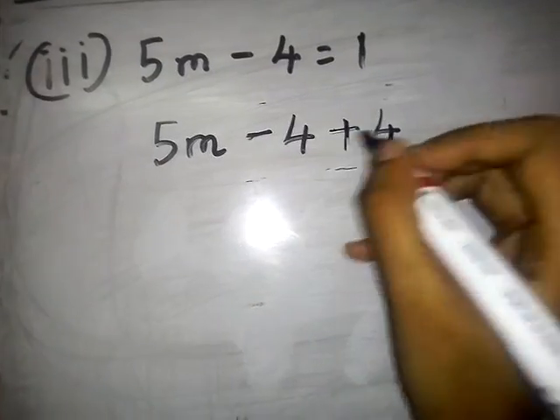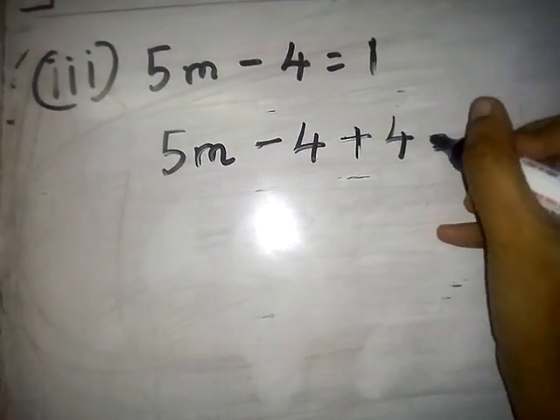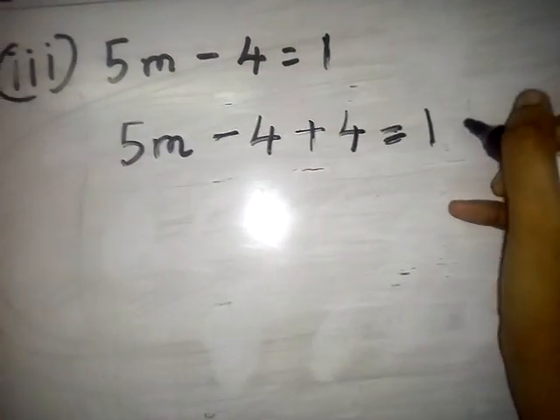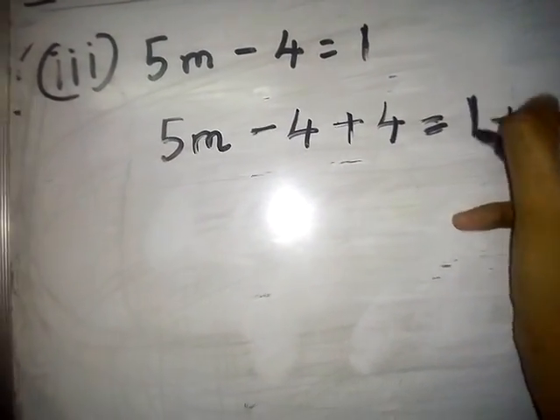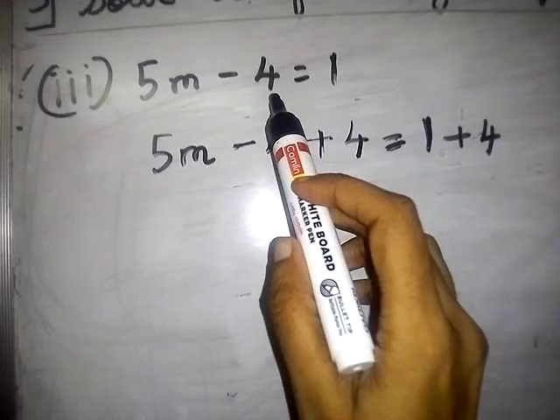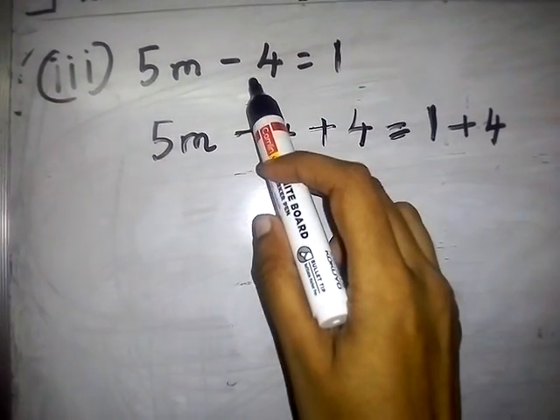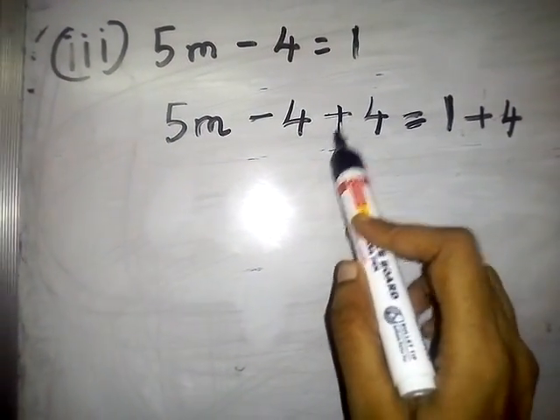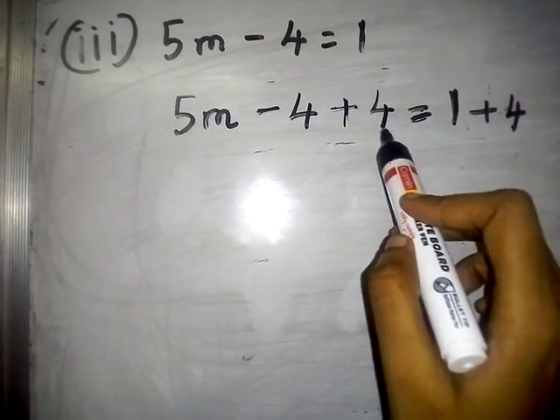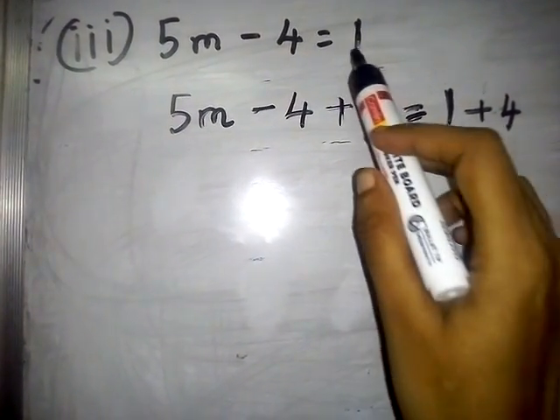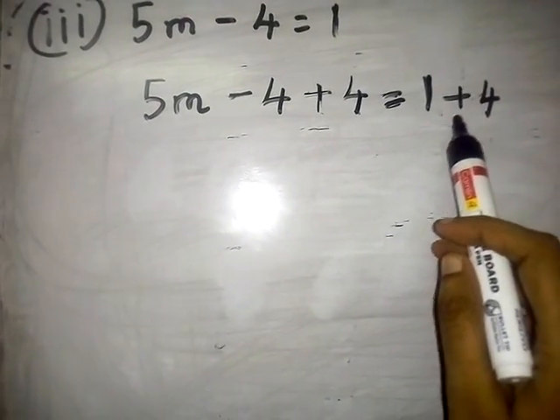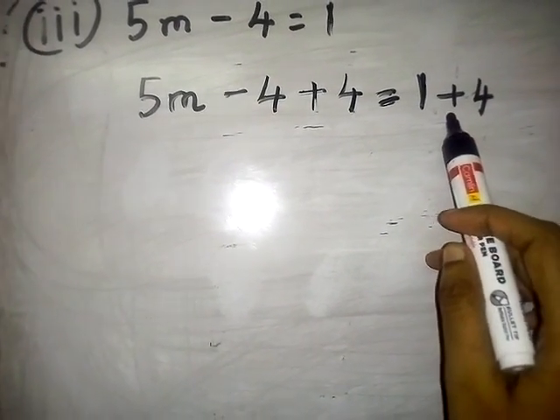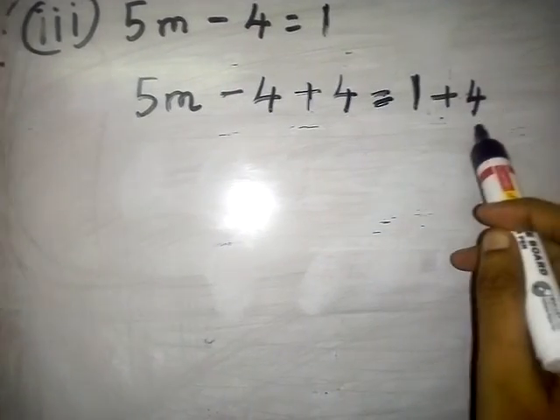Plus 4 is equal to, on the right side whichever number is there, write 1 plus 4. The opposite sign you have taken on the left side, the same sign and same number you have to take on the right side.